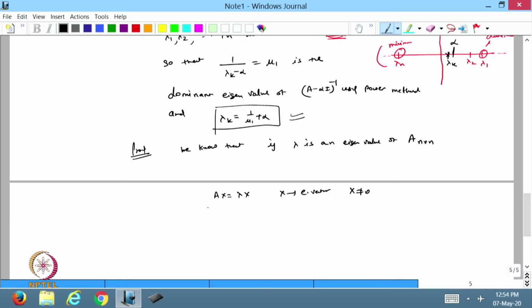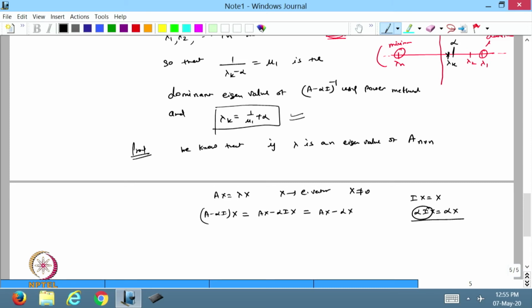Now, I also want to find A minus alpha I times x. So, this will be A x minus alpha I x, which is equal to A x minus alpha x, and I know that I x is equal to x and alpha I x is equal to alpha x.